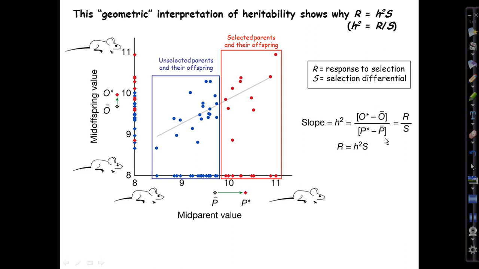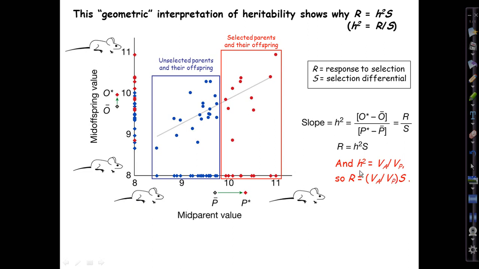And P star minus P bar is the difference between the mid-parent tail lengths of the selected parents and all of the tail lengths. So that's the selection differential. That just shows that the slope of that line, little h squared, is R over S, or rearranging slightly, the response is the heritability, h squared, the slope of that line, times S.